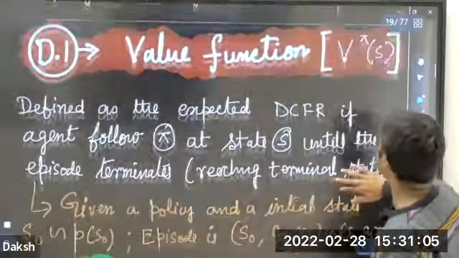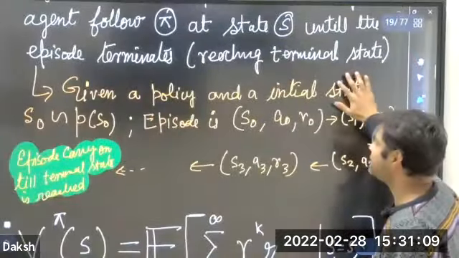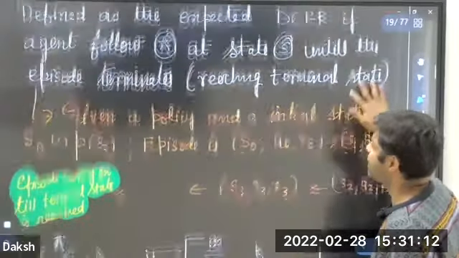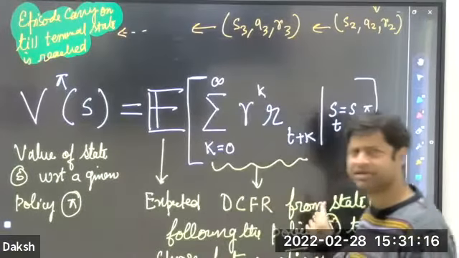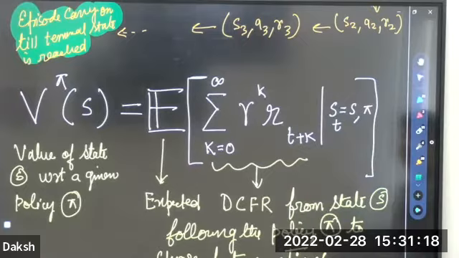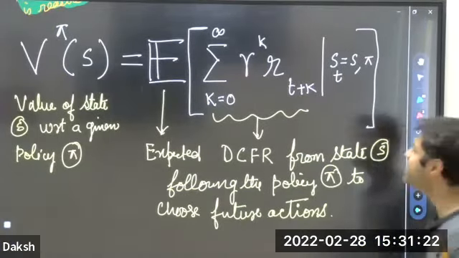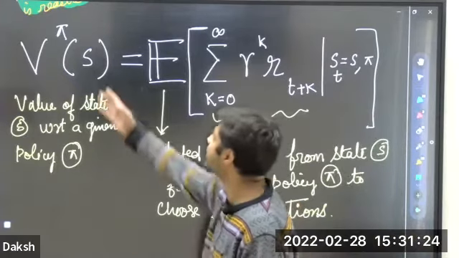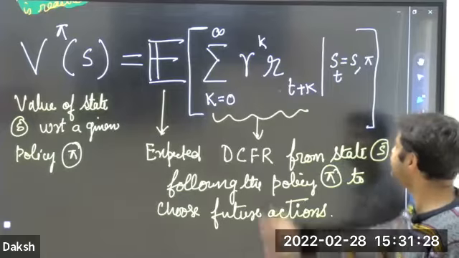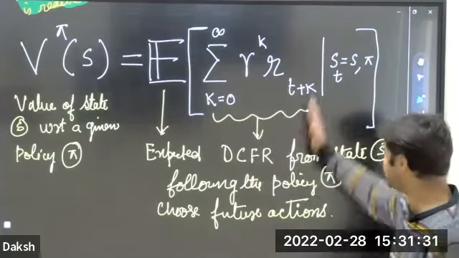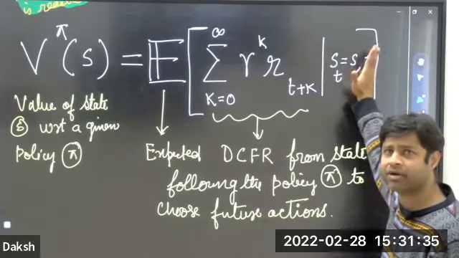Now, the definition of value function V pi s is nothing but, I have said it multiple times, let us see it. Mathematically, it's very simple. Please write it down. V pi s is equal to the expected value of the discounted rewards given that state is s and I am following pi.